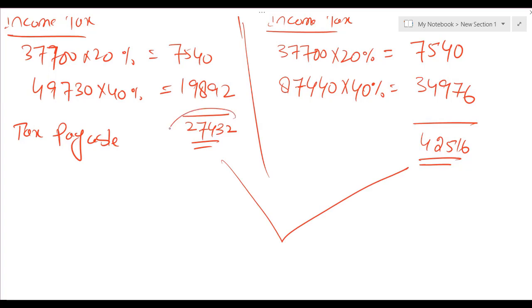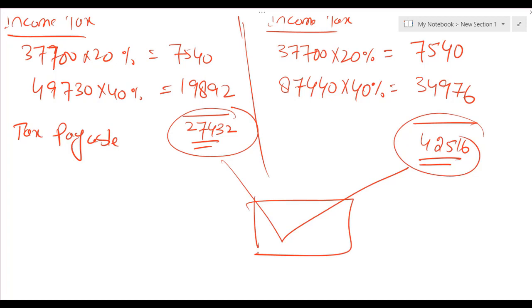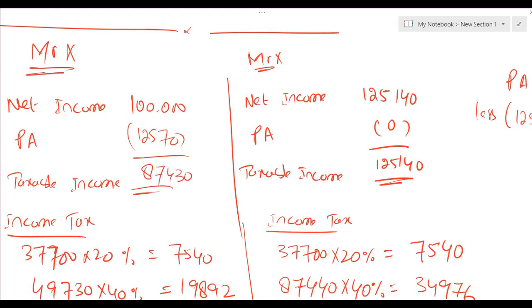Look at this. Let us calculate the difference between these two liabilities. The difference between 27,432 and 42,516 is 15,084. Now look at the difference between incomes, from 1 lakh till 125,140.